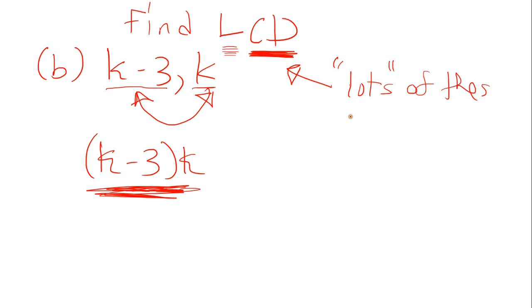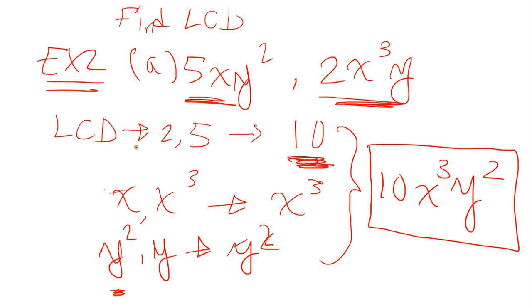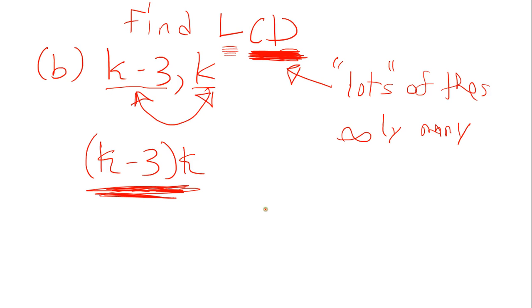And actually, there are lots of them, there's infinitely many. Basically, I can find an infinite number of common denominators. Of course, you don't want to go too big because you don't want to make a problem a pain to solve.